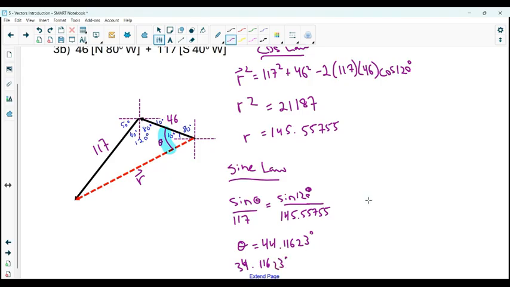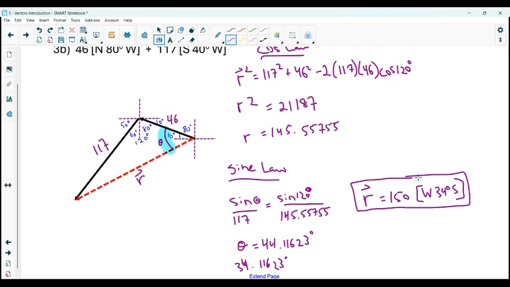So I'll say, okay, my resultant vector, rounded to two significant digits, 145.55755 rounds to 150, and the direction is going to be to the west, 34 degrees down towards the south. And that's my resultant vector. That's how I describe that.